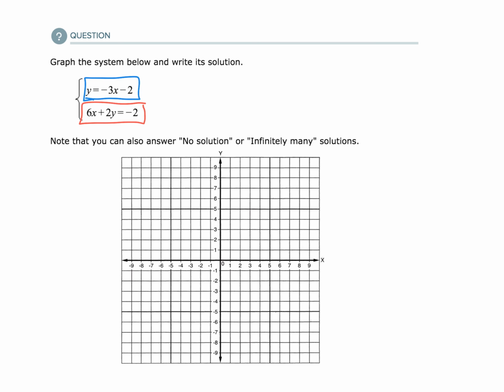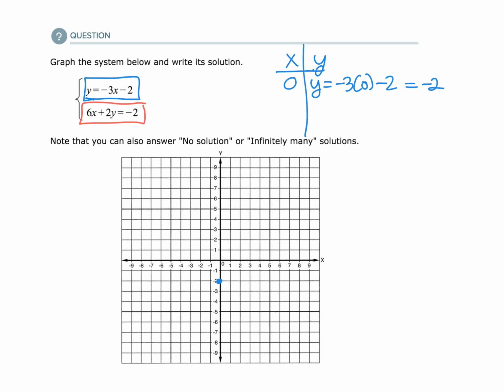Let's make a little table. When x is 0, y equals negative 3 times 0 minus 2, y equals negative 2.